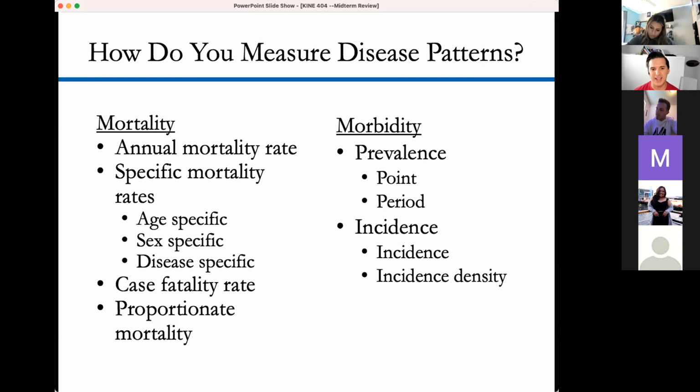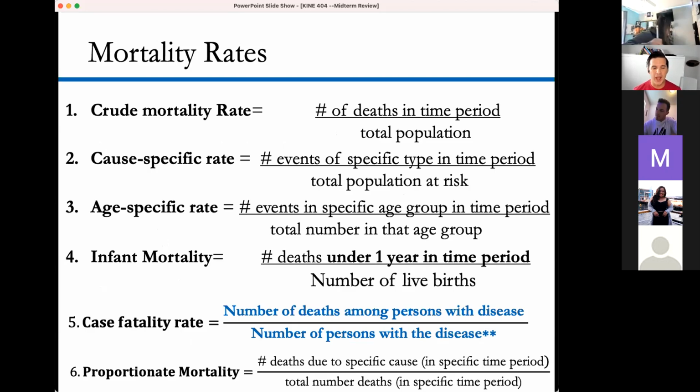And then we have prevalence and incidence that you all may be expected to do calculations for. So make sure that you are comfortable doing those calculations. You have the formula sheets that give you all of the formulas. You also have all of the formulas on the PowerPoint.